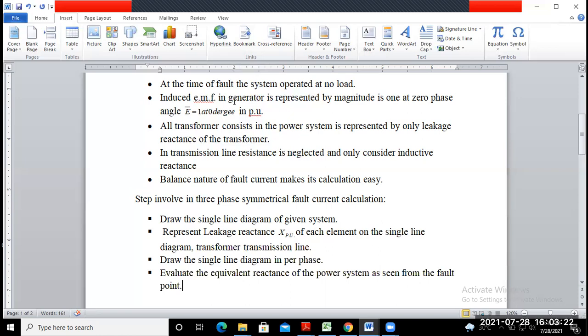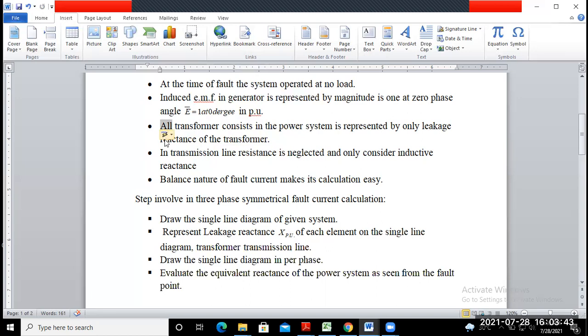The fault current is obviously very high. Next, the induced EMF in the generator is represented by a magnitude of 1 at an angle of 0 degrees, for whatever generator is involved in your power system.